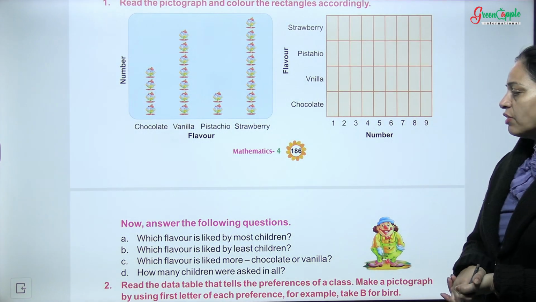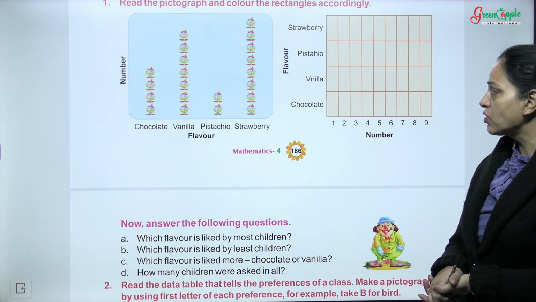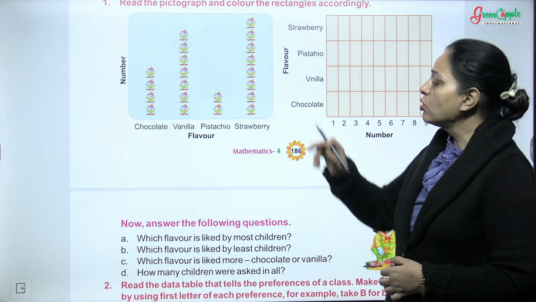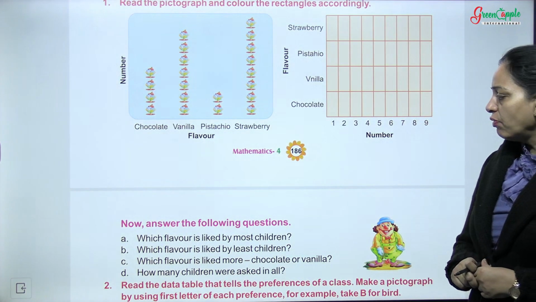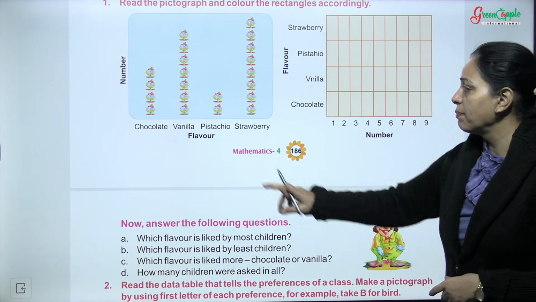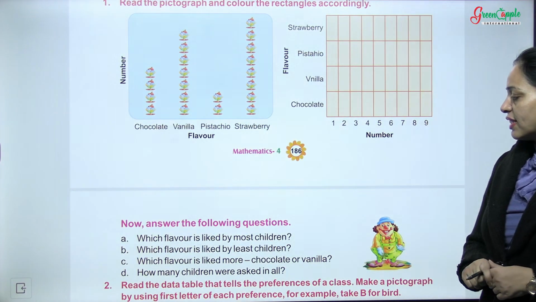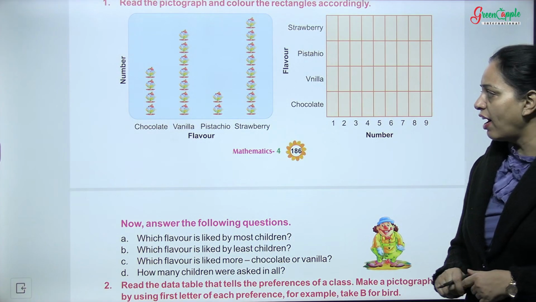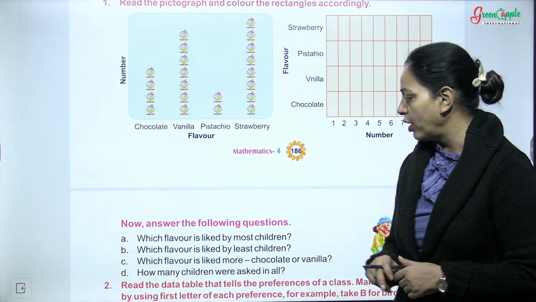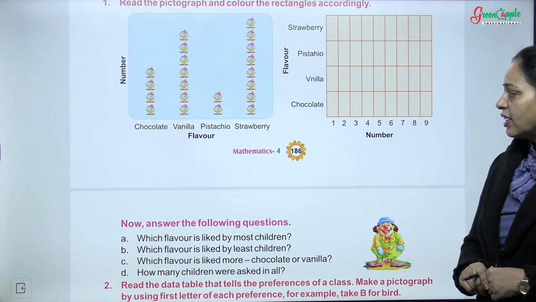A part, which flavor is liked by most children? So liked by most, strawberry. B, which flavor is liked by least? Pista. Which flavor is liked more, chocolate or vanilla? Vanilla is more. And how many children were asked in all?